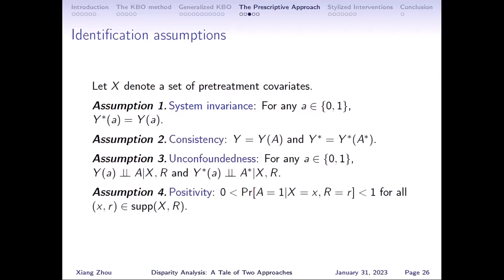The other assumptions are basically consistency, suitable unconfoundedness and positivity, standard assumptions we make in causal inference from observational studies, except that we now need consistency and unconfoundedness for both before intervention and after intervention.